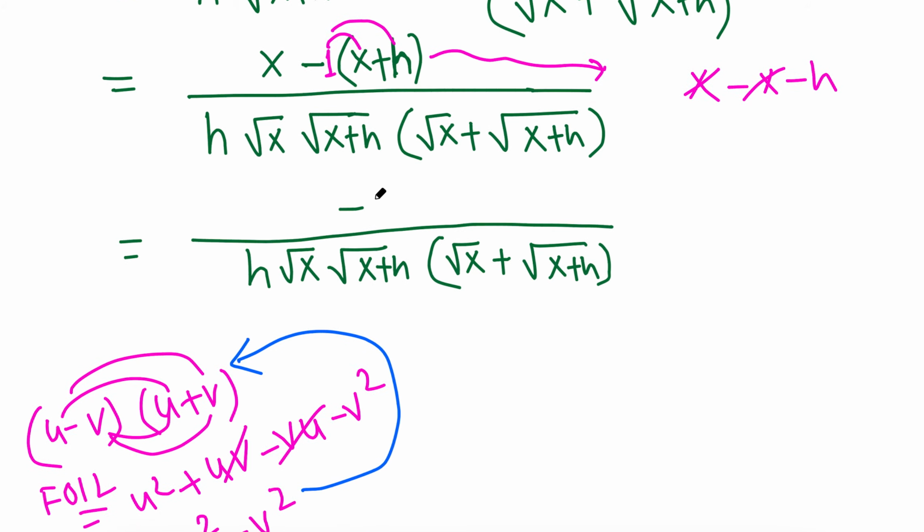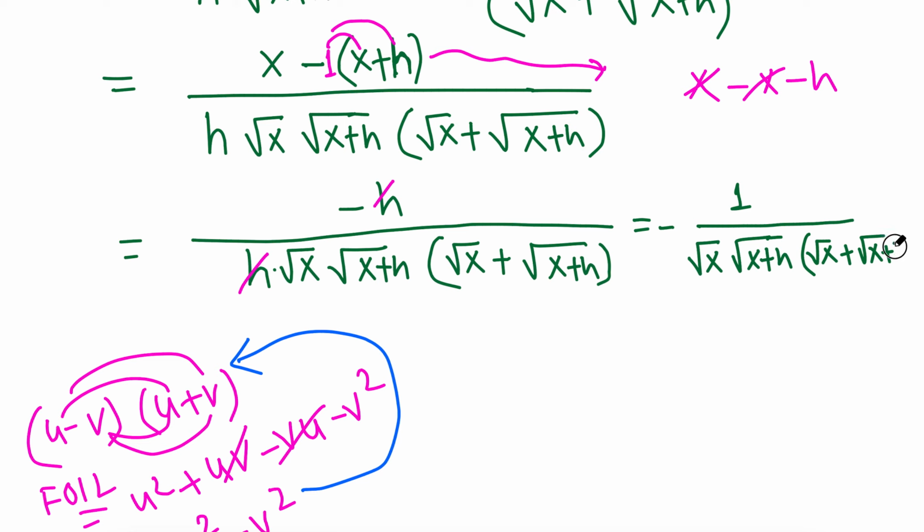So on the top, just negative h. Now this is just h, and we have h on the bottom. This -1 we can pull to the front. The h and h cancel, there's 1 left, we are dividing. So the final answer is negative, 1 over all this, root x plus h times quantity root x plus root x plus h. Final.